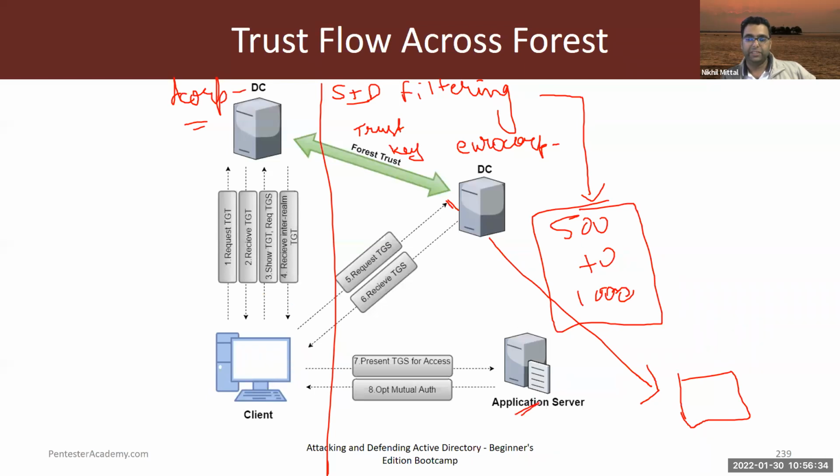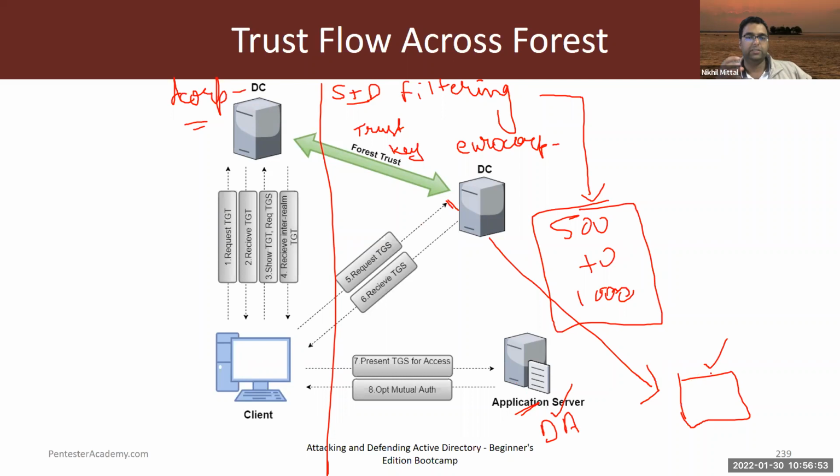Or if there is a machine here or a SQL server service or any resource that is accessible only to the domain admins of $corp. By abusing this trust key, you would be able to access those resources.